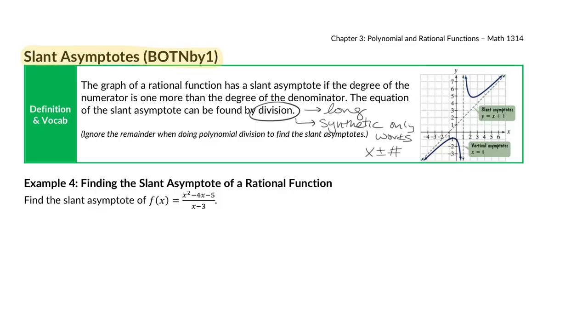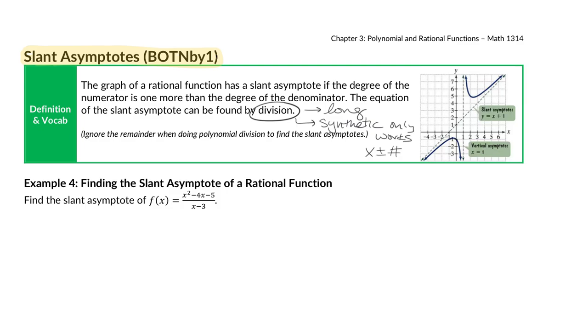If the denominator is squared, if the denominator has a coefficient, or if there's an extra term in the denominator, we cannot use synthetic division. So we hope that synthetic division works because it's significantly easier. Otherwise, we'd have to use long division.